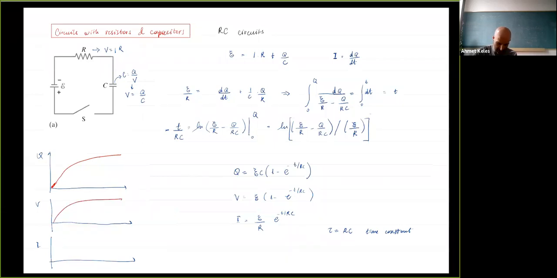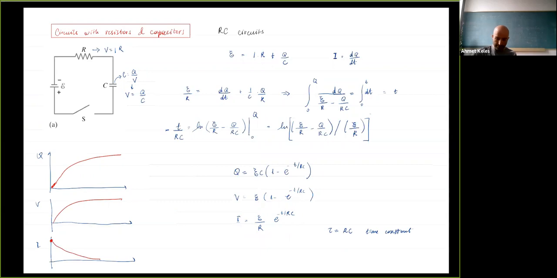And I, initially, at T equals 0, sorry, there's a current E over R. But as T goes to infinity, this term goes to 0, which means this whole thing goes to 0. So it's going to be something like this.